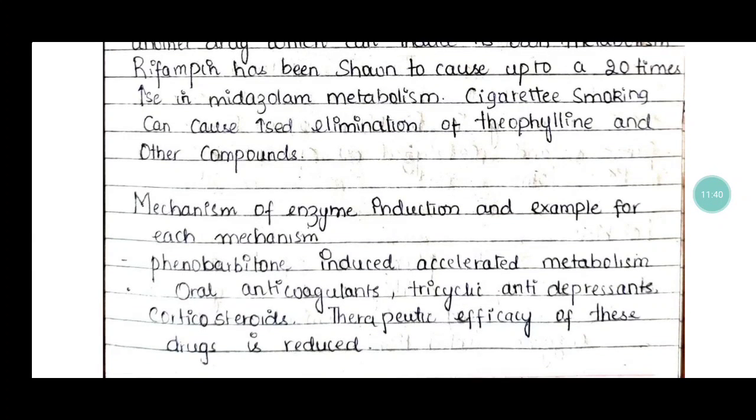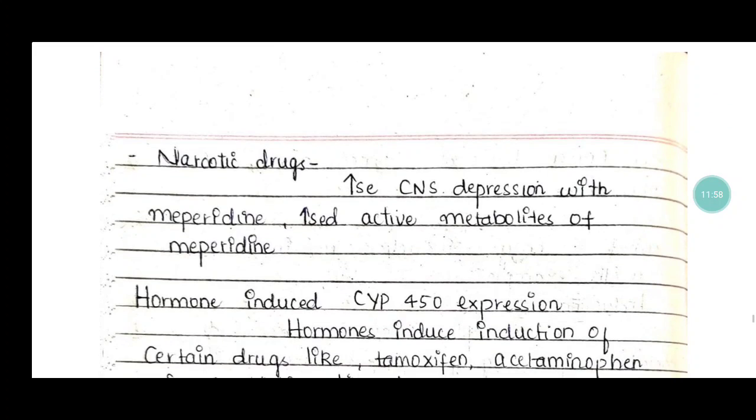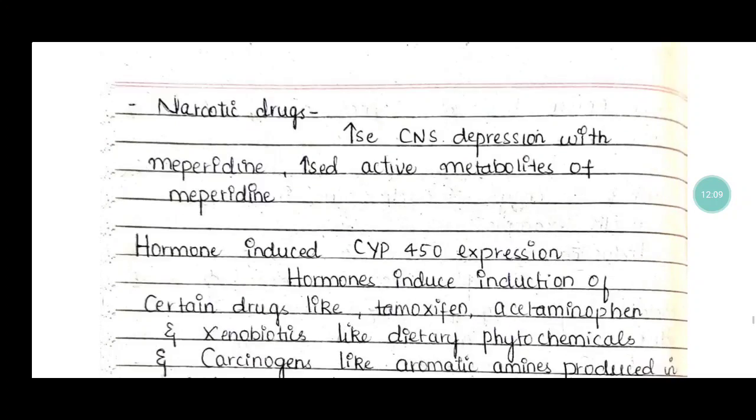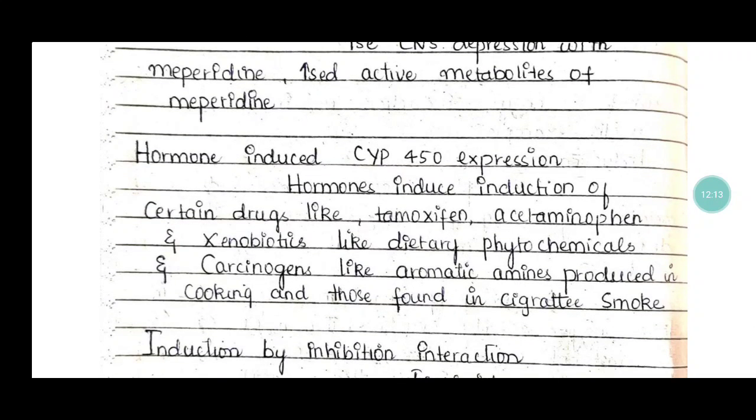So the mechanisms of enzyme induction and examples for each mechanism: phenobarbital induces accelerated metabolism of oral anticoagulants, tricyclic antidepressants and corticosteroids, so the therapeutic efficacy of these drugs is reduced. Then the narcotic drugs that increase CNS depression, such as meperidine, increase active metabolites of meperidine, and there is hormone-induced cytochrome P450 expression, for certain drugs like acetaminophen and xenobiotics like dietary phytochemicals and carcinogens like aromatic amines, which are produced in cooking and found in cigarette smoke.